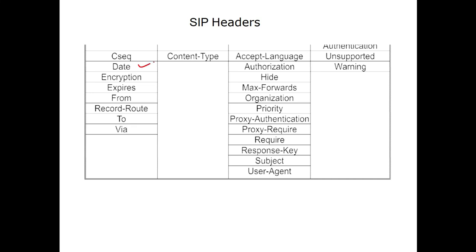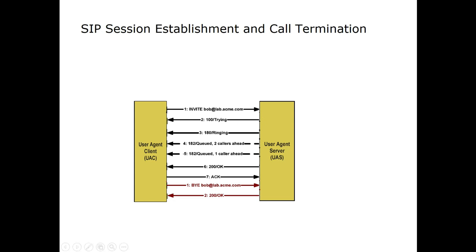It records the date, encryption, methodology followed, expire date, from date, record route date, to date, and transport date. Transport is through the signaling. So authorization, hide, maximum forwards, organization from which it is about to send, the priority, and the proxy authentication and proxy request.